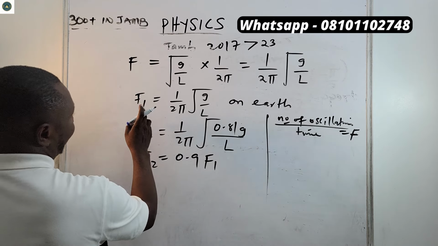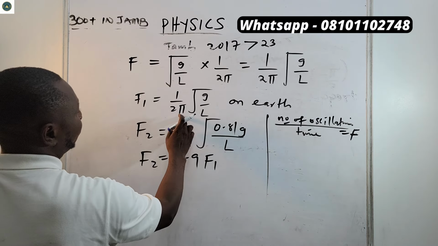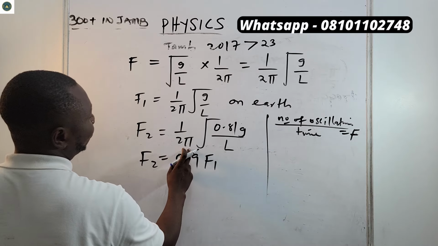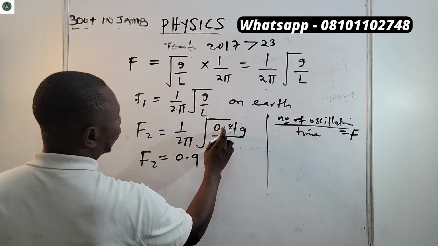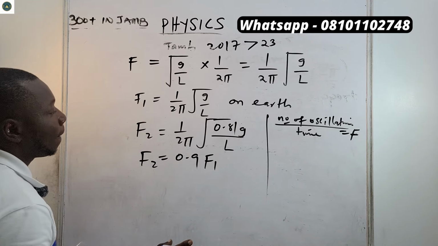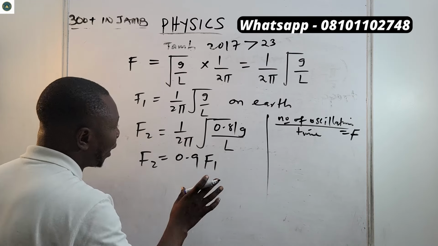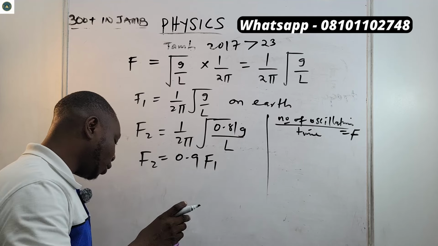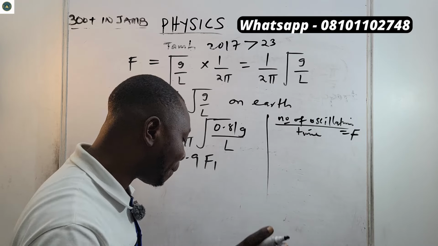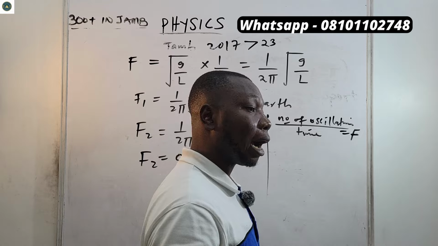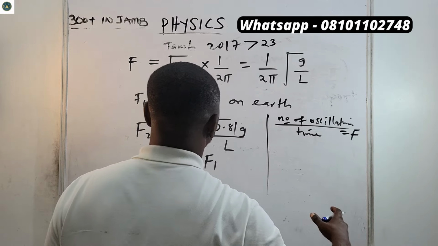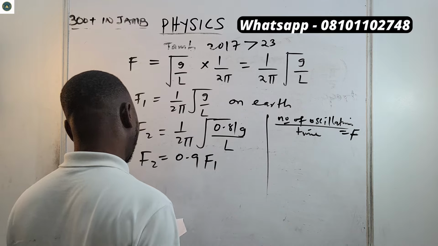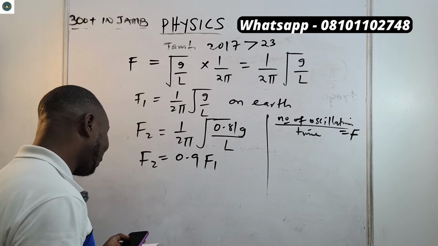We have F1 equals 1 over 2 pi root G over L, and F2 equals 1 over 2 pi root 0.81 G over L. Because what the question says is that the number of oscillation per minute which the same pendulum will execute above the Earth's surface, where the acceleration due to gravity is 81% of its value.